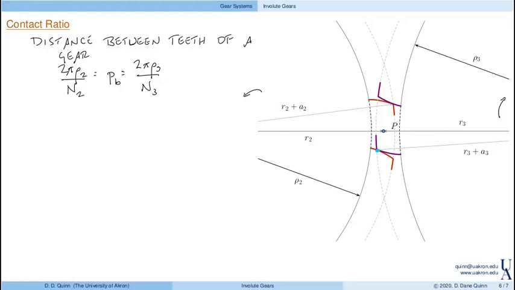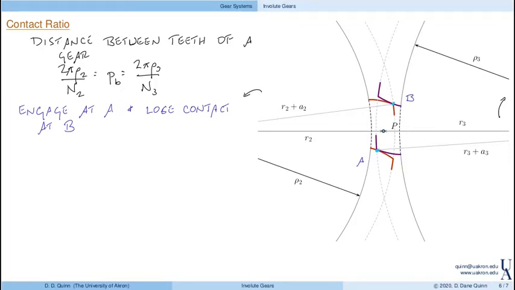We'll call that point A, and lose contact at point B. So these teeth engage at A and lose contact at B. I want to know the length of that interval.